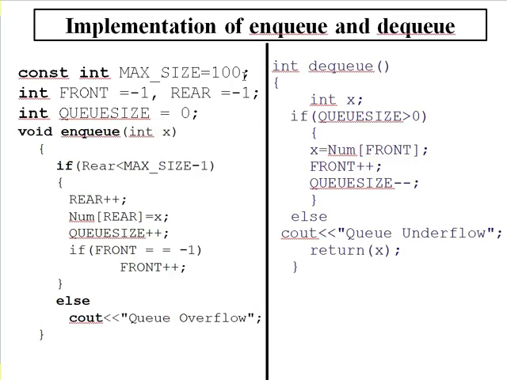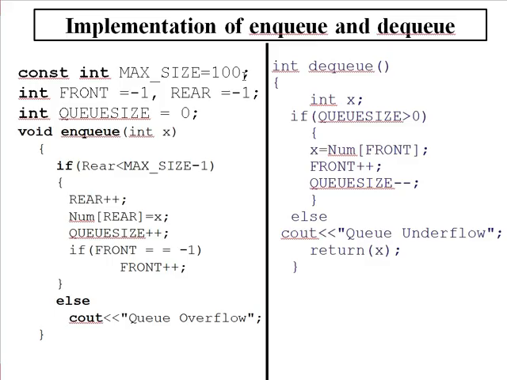The rear and the front are initially -1. Both variables are initially set as -1, and those are the ones used for indexing the array, which is used as a queue for the implementation. The queue size is initially 0 because there is no element in the queue.